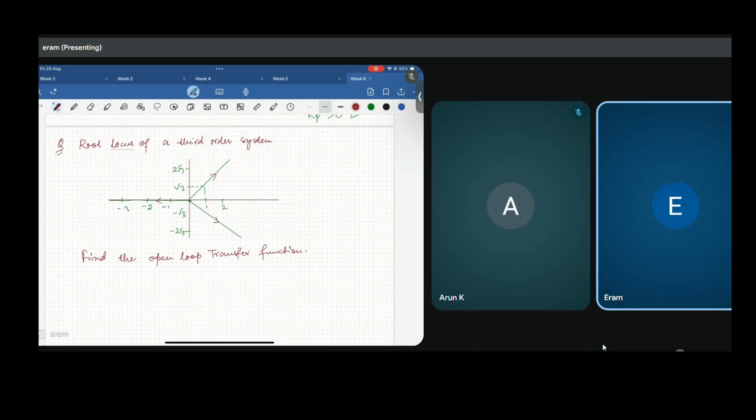So what can we conclude from here? There are three branches, which means there are three open loop poles, and all are originating from the origin. So all these poles are at the origin, and all these three branches are terminating to infinity along the asymptotes.